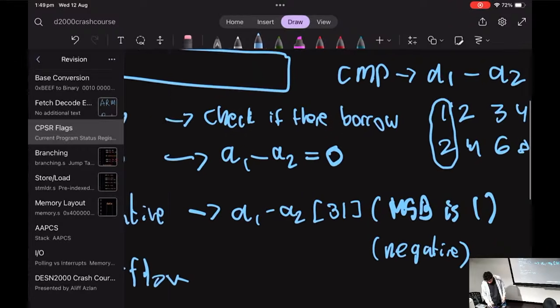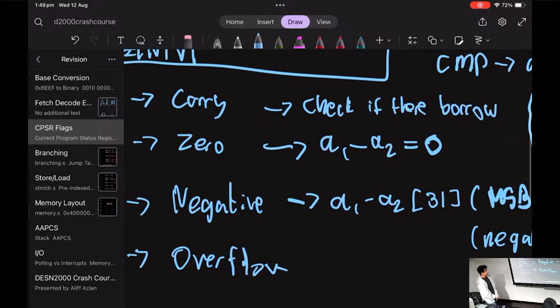Right? Now, overflow is where things get a little bit confusing, because a lot of people interchange the definition of overflow and carry. They think overflow is when you lose a bit to the left, like it overflows.